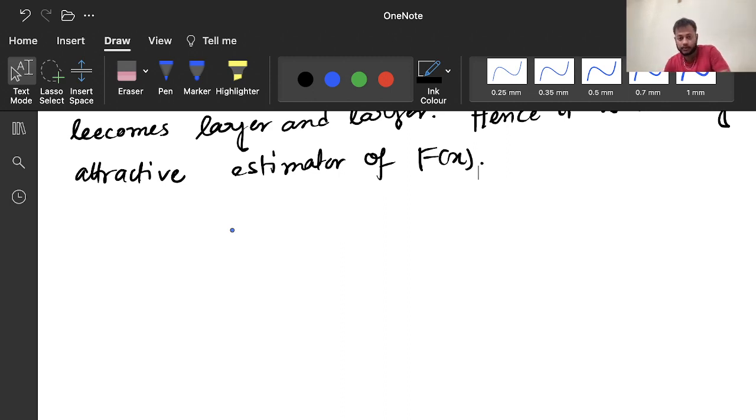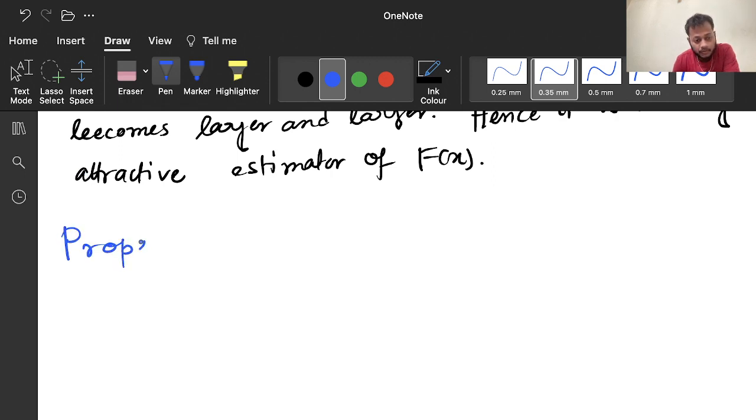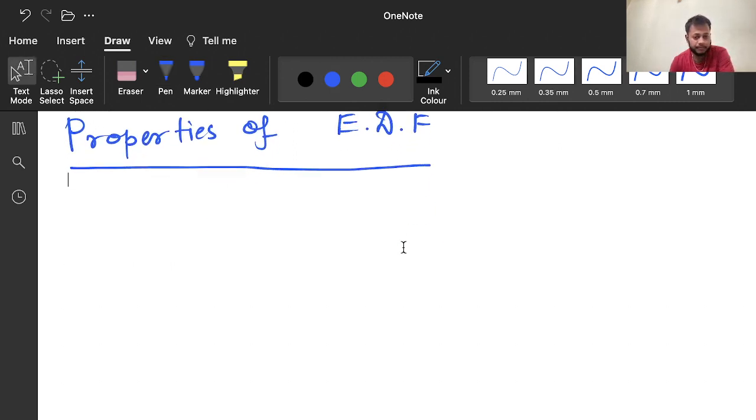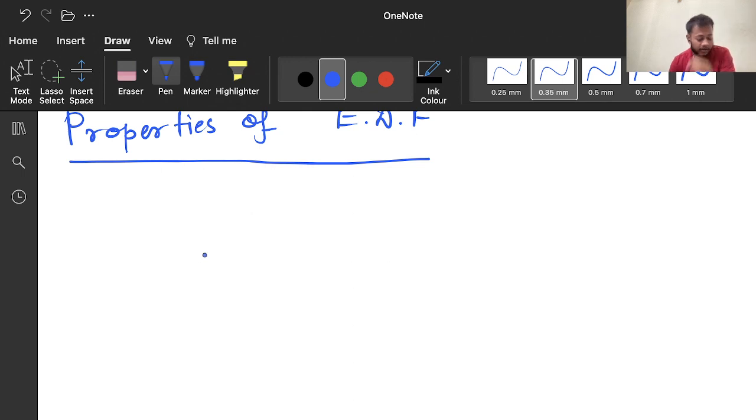So, properties of the empirical distribution function. So let's check whether F_n is biased or unbiased, or whether it is consistent or not.